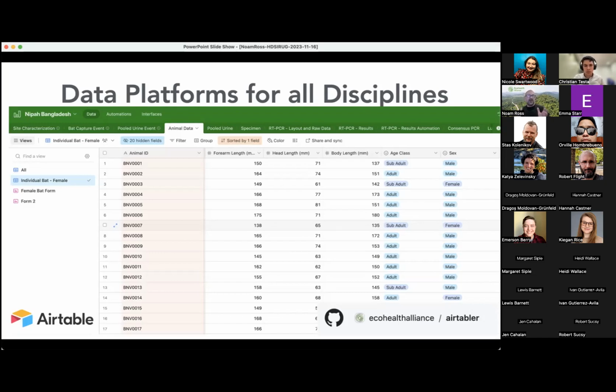Having them in this sort of highly visual but raw data approach we find is very helpful. So it ends up being both a data entry tool, but also used in read-only mode for discussions with collaborators a lot. This is an example where we're taking measurements from hundreds of bats in the field, and that's being punched into this database.